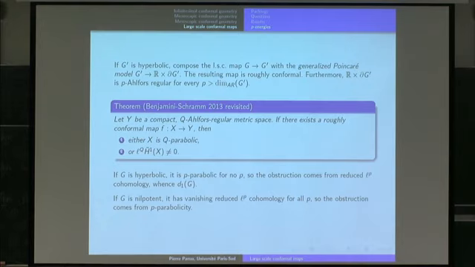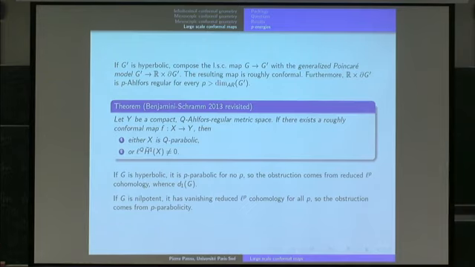I assume the range is Ahlfors regular for some exponent q. Then if there exists a roughly conformal map, then the domain has to be parabolic, or if it doesn't want to be parabolic, something else happens to it. Its reduced L^q cohomology does not vanish. And I will define this cohomology in a minute.